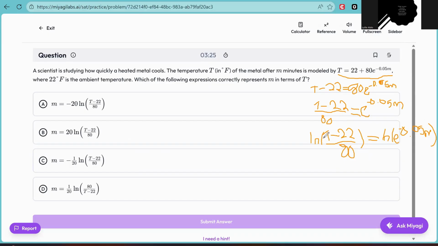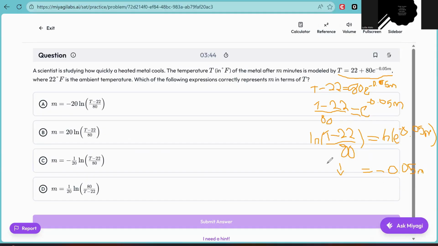Okay, so now we're going to bring this down automatically. So ln of (T minus 22 over 80) equals negative 0.05M. Okay, now we're going to solve for M.